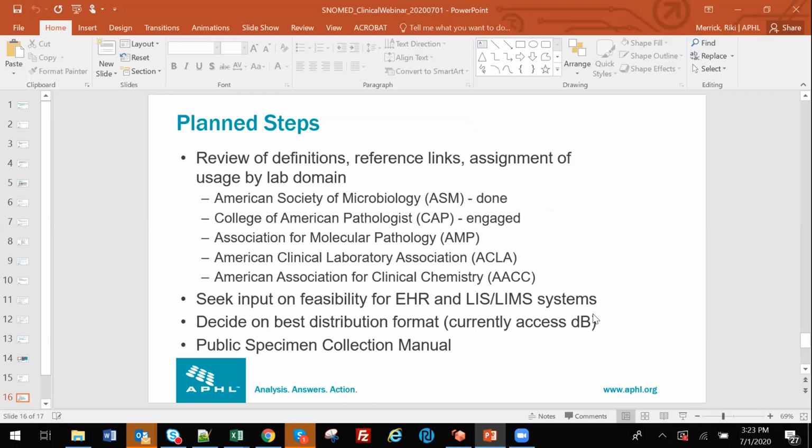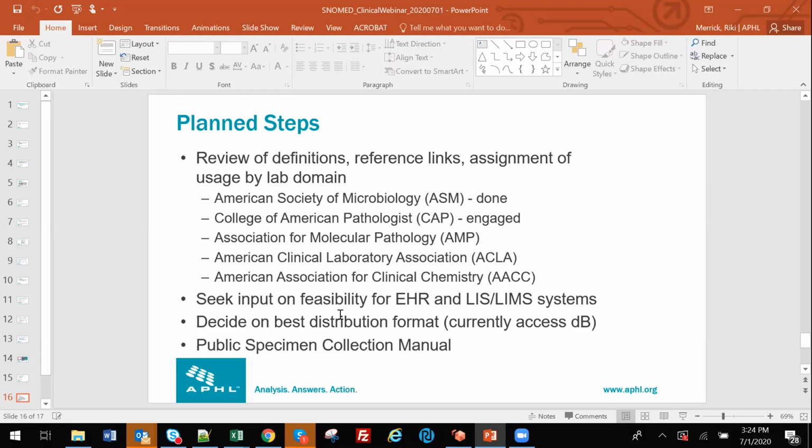So the next steps are to keep reviewing the terms. We've worked with the American Society for Microbiology, and they've finished their review. We're working with CAP, and then we need to get these other folks to review it. Right now it's an Access database, which is probably not the easiest way, but that's all I know how to put together.